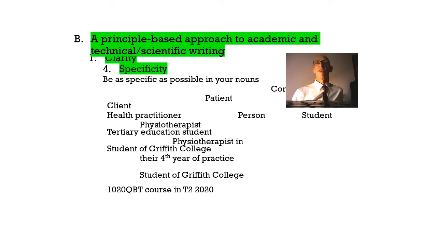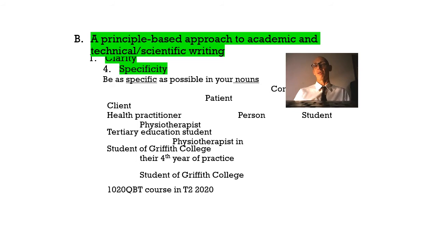We could have a physiotherapist in their 4th year of practice, which is the kind of particular variable that might be discussed in a study, such as a survey was conducted of physiotherapists in their 4th year of practice to ask how they felt they had adjusted to the requirements of the patient-practitioner interaction. That's what you'll get in science. And throughout the whole document, they're going to have to be called physiotherapists in their 4th year of practice.